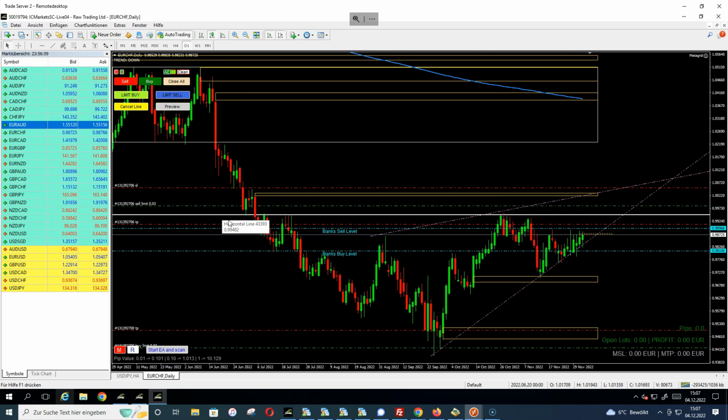Then it managed to come down to this zone, and then it retested this zone again, and then again a retest here, and then it went down a lot, and then in October it came back to this zone. Again it bounced and went down, and so at the moment it begins again to come up to this resistance, and I think that this resistance could be broken if it comes back again.